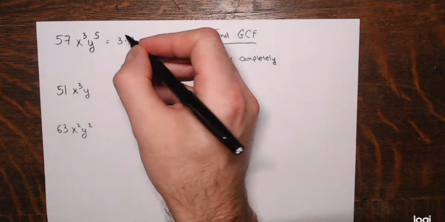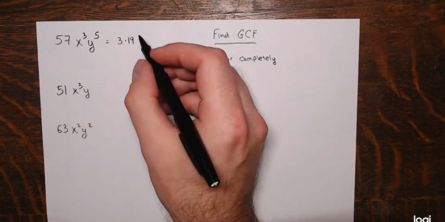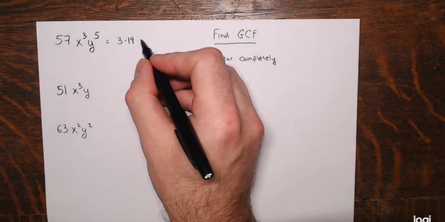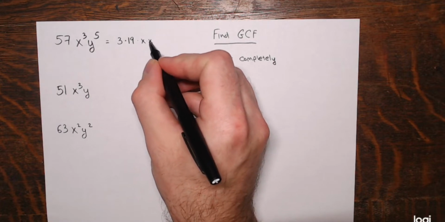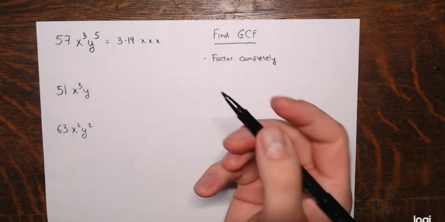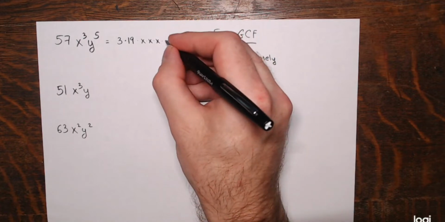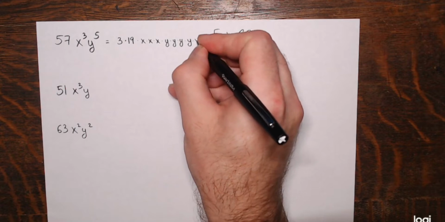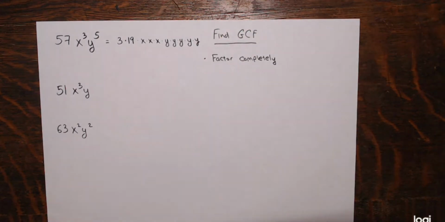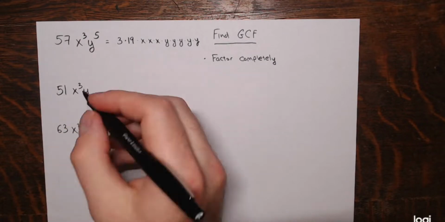And then x cubed, I guess you could write it as x times x times x. I'll show you a shorter way in a second. And then y to the 5th is y times y times y times y times y. There's 57x cubed y to the 5th broken up completely into the product of all its prime factors.